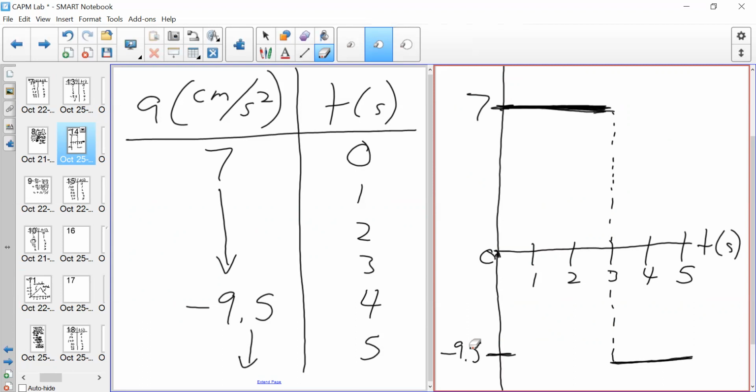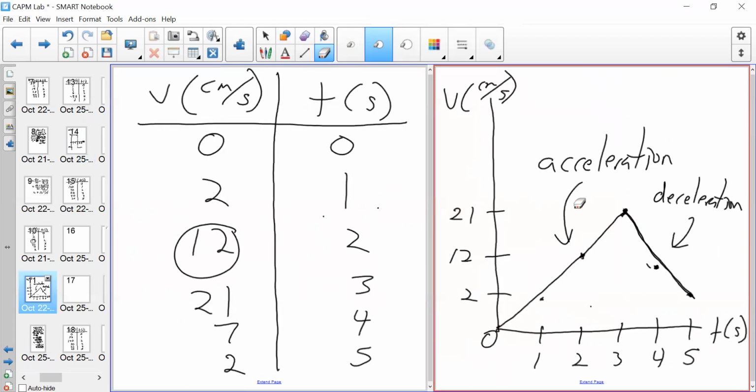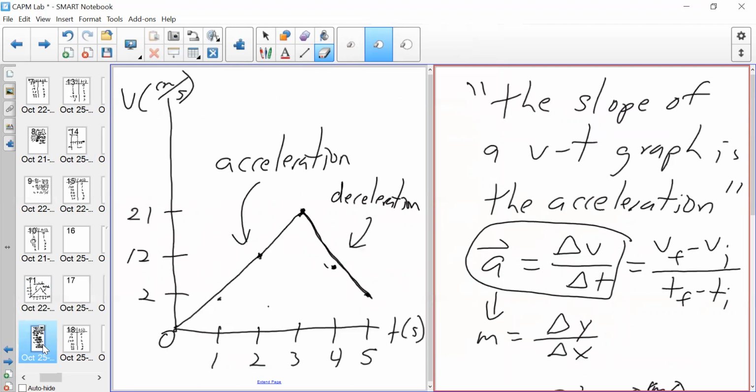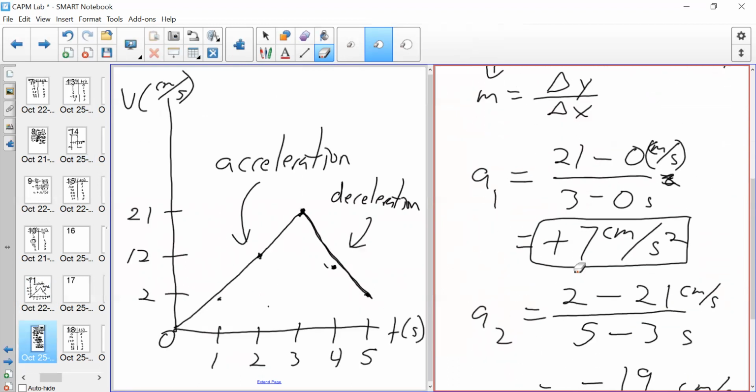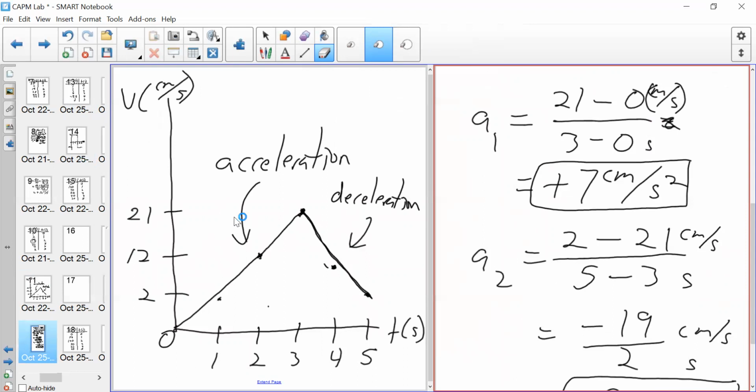So that's what you should have for all 15 data sets. You have 15 velocity time data sets. You're going to need to now generate 15 velocity time graphs. You're then going to be taking 15 pairs of accelerations. For every velocity time graph, you're going to have 2 accelerations.